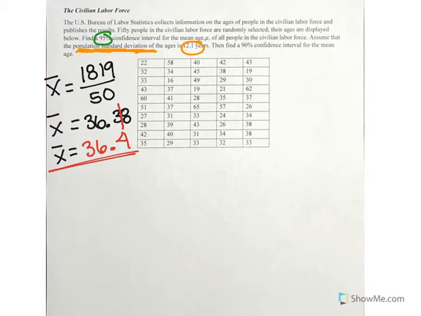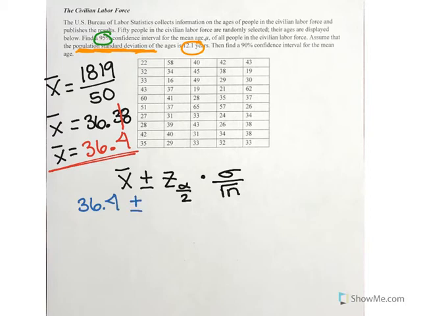They specifically told you the population standard deviation, so we're going to use that little box. I'm going to give you that formula again. We're going to take the sample mean plus or minus our z-score times the population standard deviation divided by the square root of n. So let's plug in these numbers. Our mean is 36.4 plus or minus that z-score.